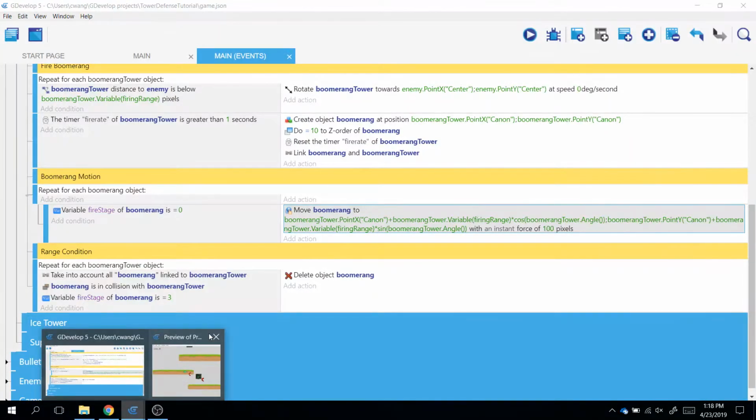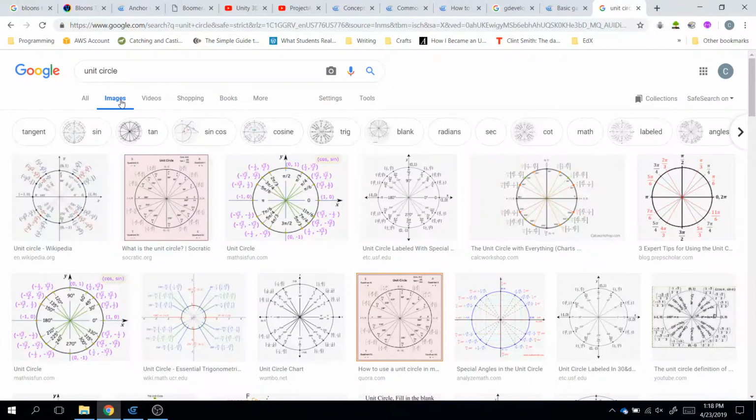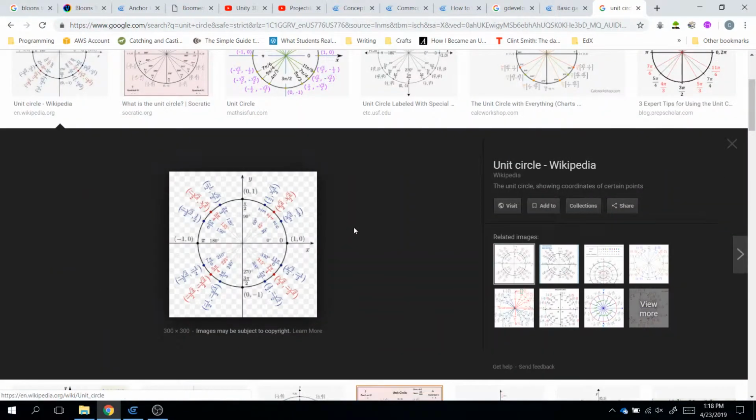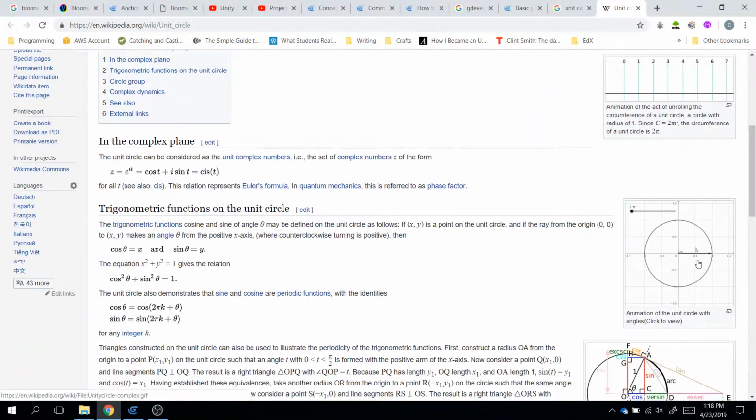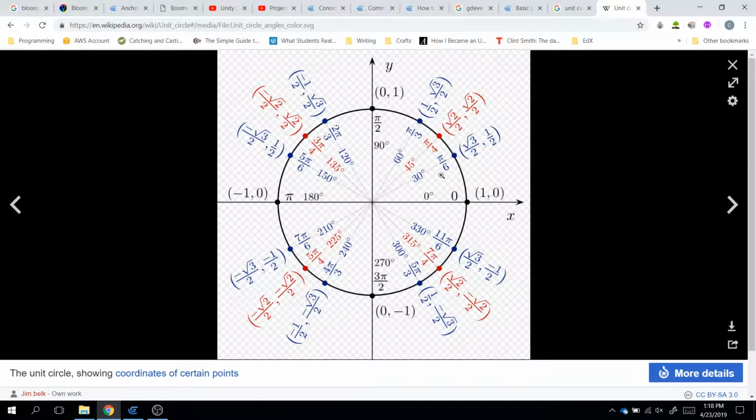Now, what exactly does that do? Well, if we learn the unit circle, this is a pre-cal concept, I believe, we would see that the sine of the angle has a max value of 1, and then becomes 0, -1, 0.